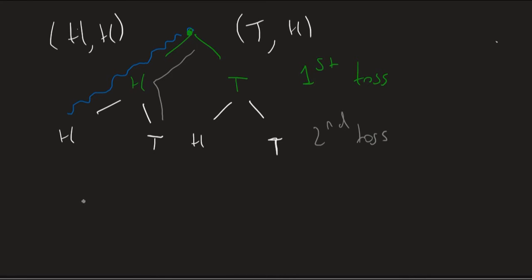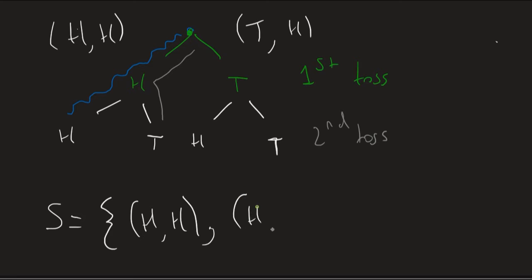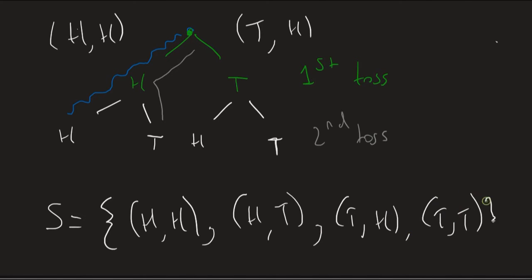So if we do S again for sample space, one element is going to be HH, which corresponds to that branch, and then the next element is going to be HT, and these are not necessarily in order. These are just all individual routes. And then TH and TT. So that's the sample space for this coin toss experiment where you toss the coin twice.